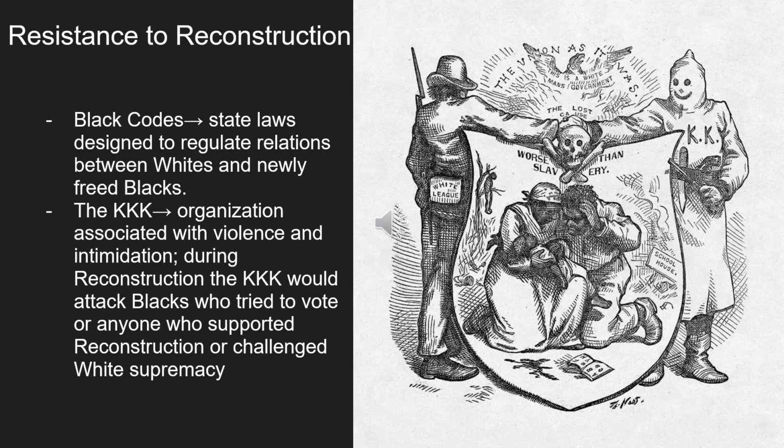So if y'all remember that political cartoon of the Black man at the polling station standing next to white men who are holding him at gunpoint, and you remember the caption, it says, of course he wants to vote for the Democratic ticket. Does he really want to? Absolutely not. But at gunpoint, you're going to make a different decision. So you do need to be aware of the different resistance methods that formed as a result of Reconstruction.